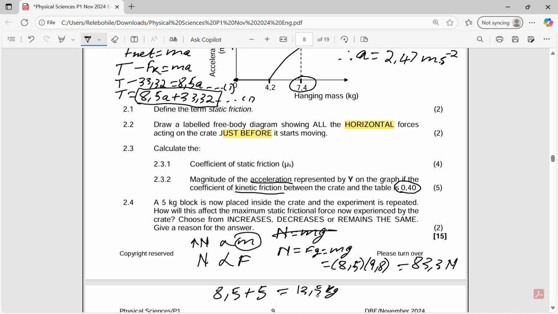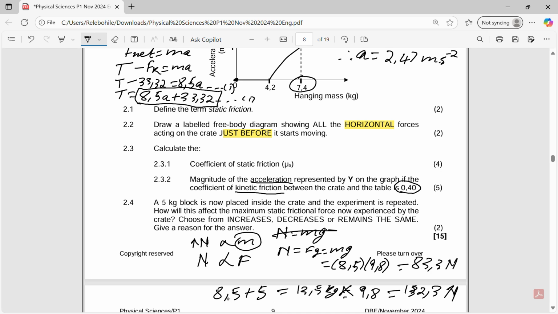Now let's use this mass to find the normal force. When I say 13,5 times 9,8, I get a value of 132,3 newtons.